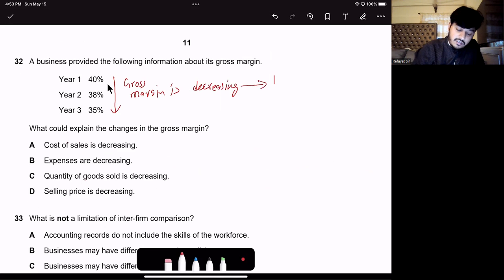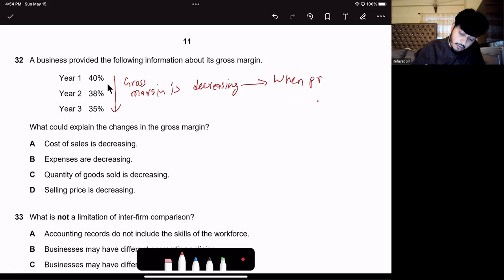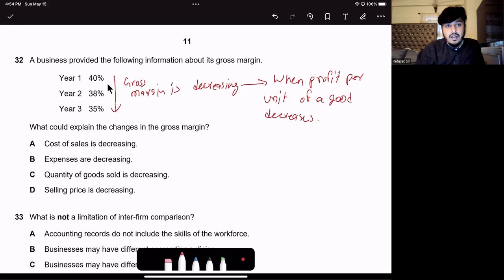Gross margin decreases when profit per unit of a good decreases.